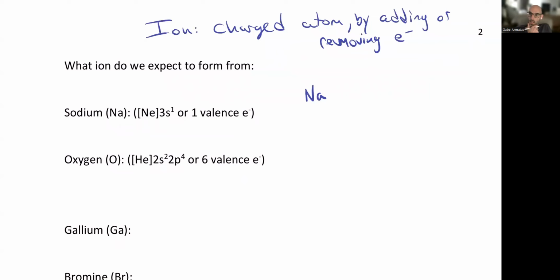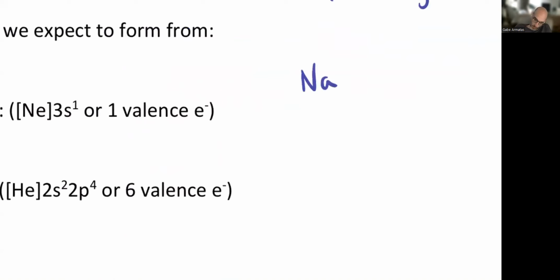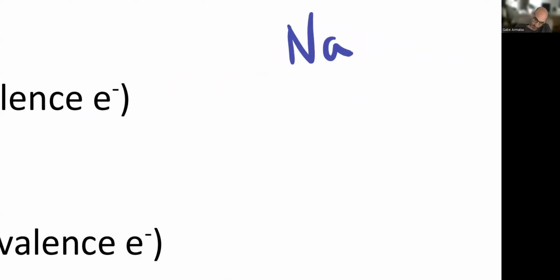Okay, so sodium is going to gain or lose electrons, and ultimately it wants to get to an octet. So sodium has 1 valence electron. It has a choice. Sodium can either lose 1 electron, right?